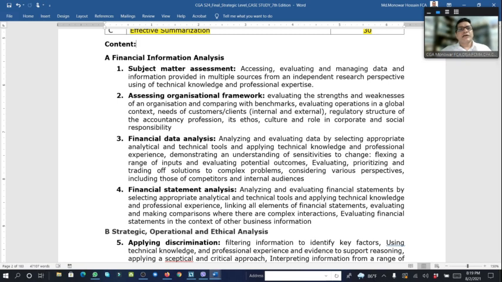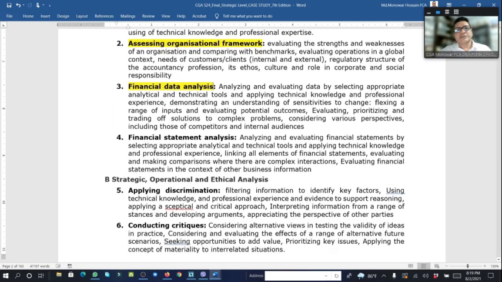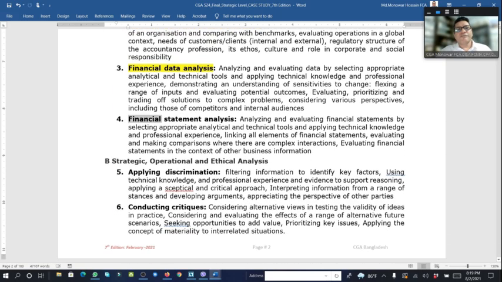So here, financial information analysis, if we see the syllabus in our CGA paper, we will see the subject matter: assigning organizational framework, then financial data analysis, then financial statement analysis.